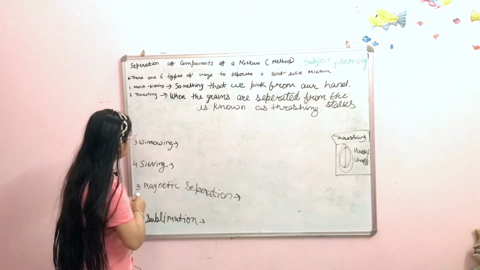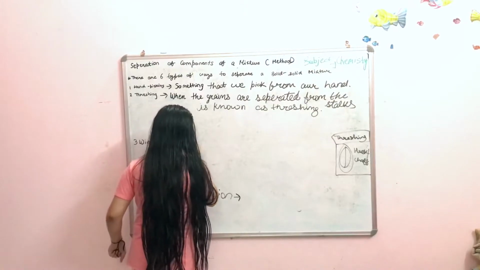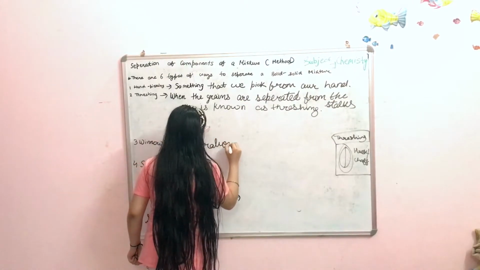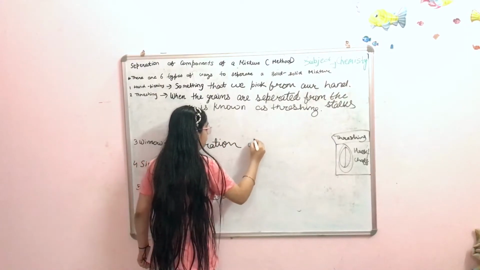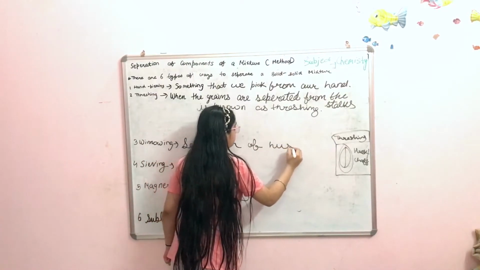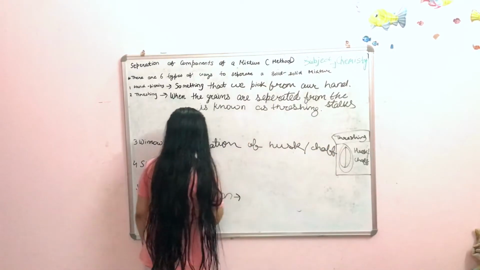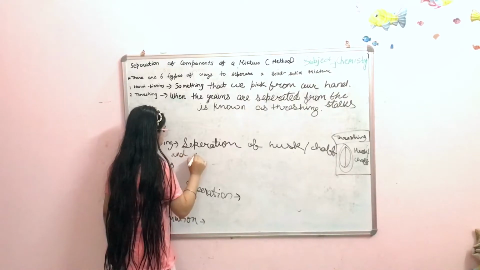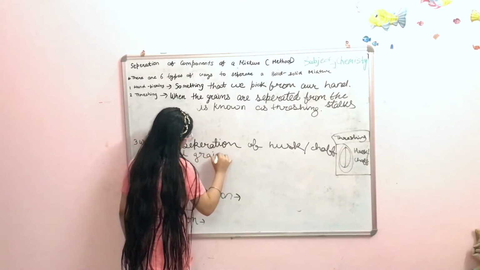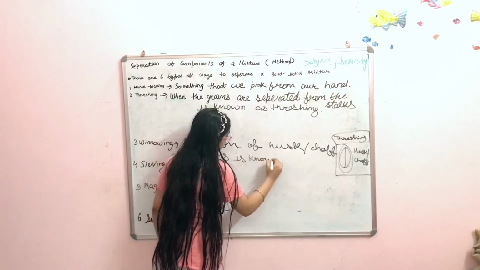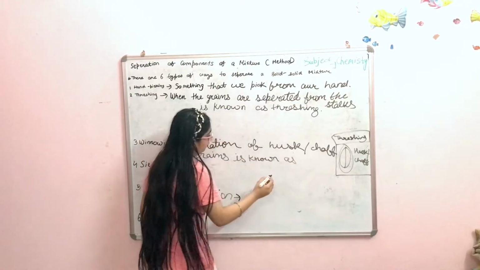So the definition would be separation of husk or chaff and grains is known as winnowing.